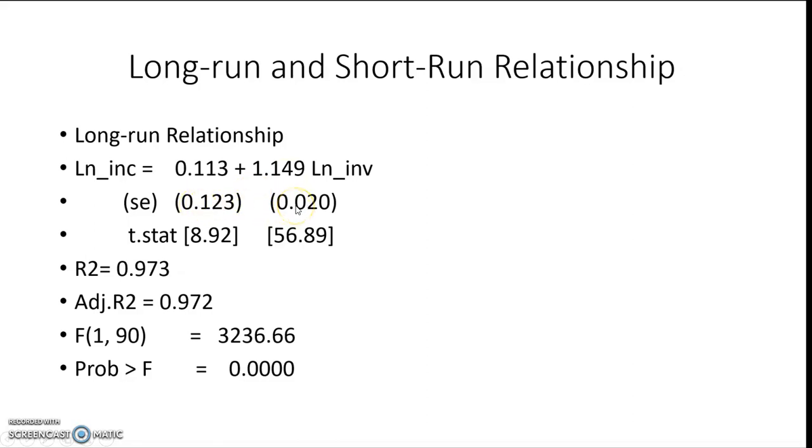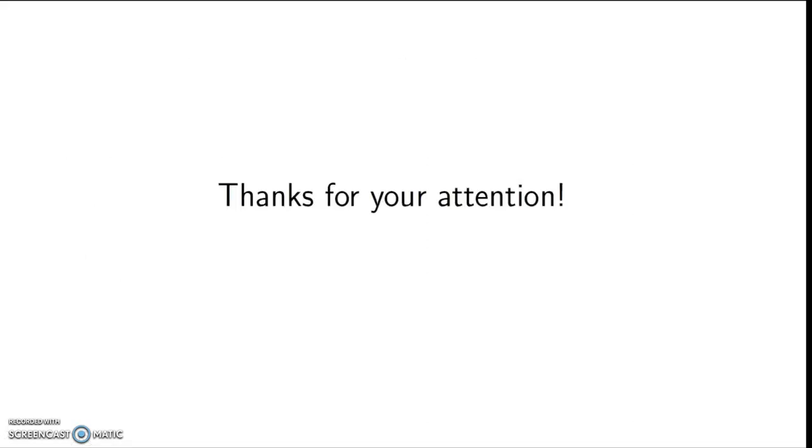This is the standard error of this coefficient, and this is the t value. The r squared value is 0.97 and the adjusted r square is 0.972. The F statistic value is 3236.66, and based on this p value we conclude that the overall equation is significant. So this is very interesting.